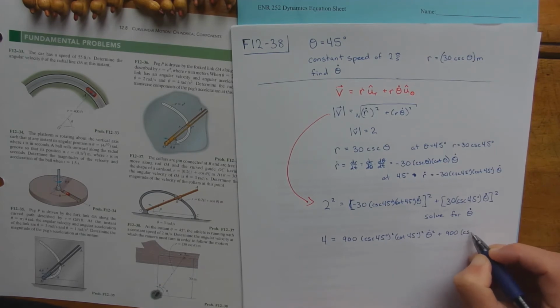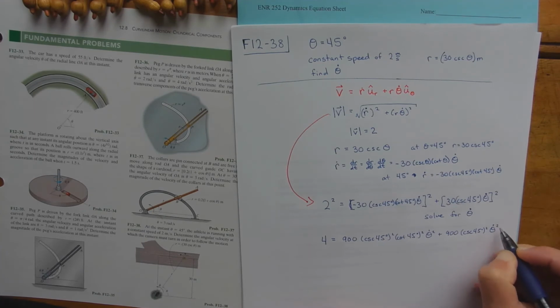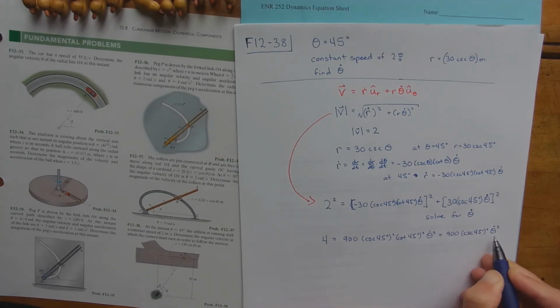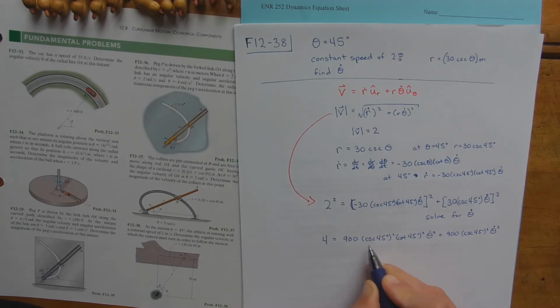And then we have cosecant of 45 degrees squared and theta dot squared. I have a 900 cosecant of 45 degrees squared times theta dot squared, and here I have a 900 times cosecant of 45 degrees squared and a theta dot squared, but also with a cotangent of 45 degrees squared.